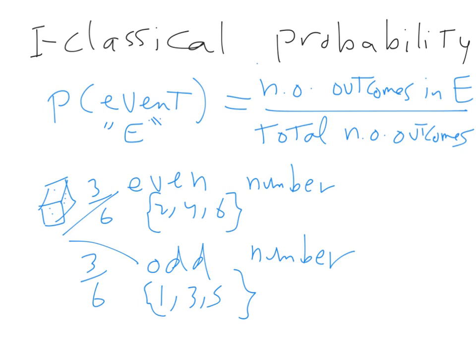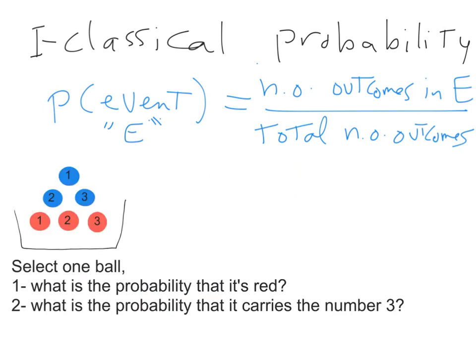Now, because this is a very common question to ask about the probability of an event in classical probability, we really definitely need to see more examples. So let's have a look at another example. Do you remember this example of having colored balls, where each ball has a color and also a number? Imagine you select one ball out of this container. What is the probability that the color of the ball is red?